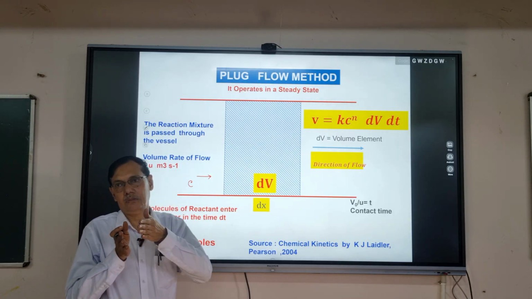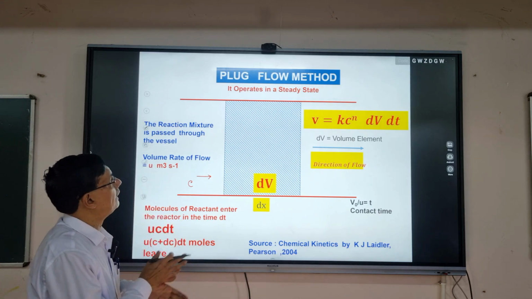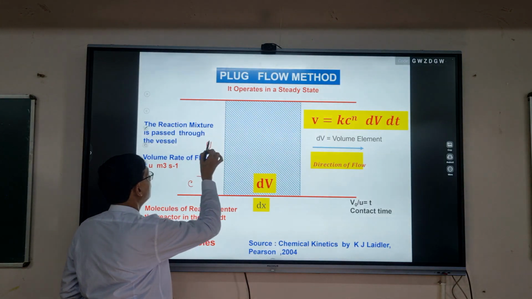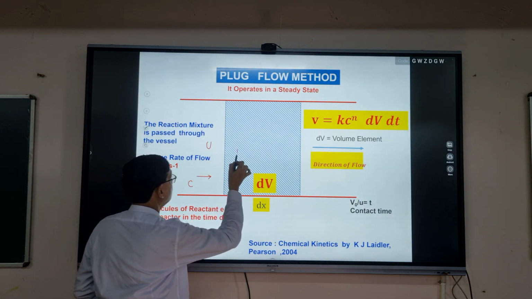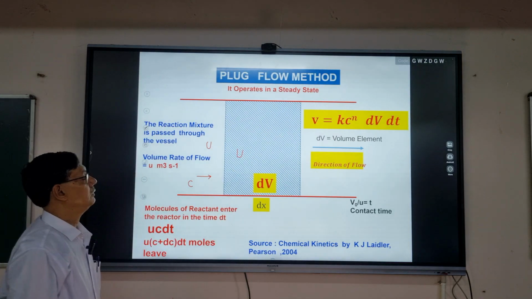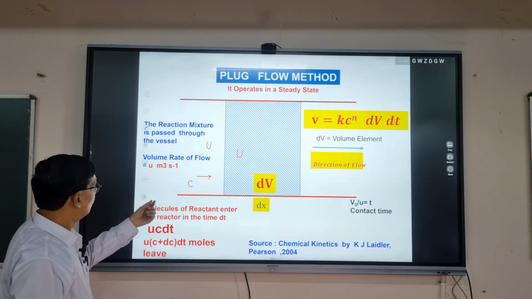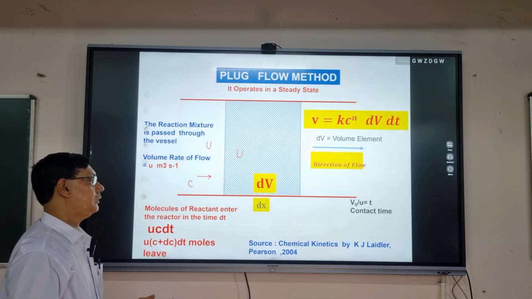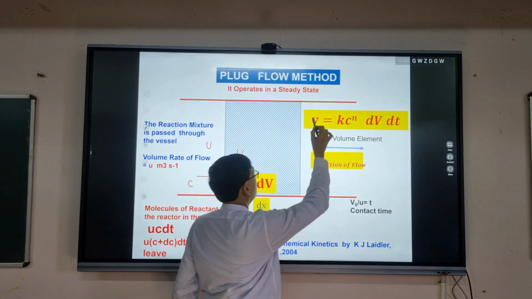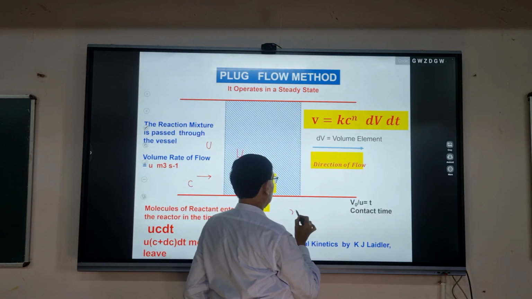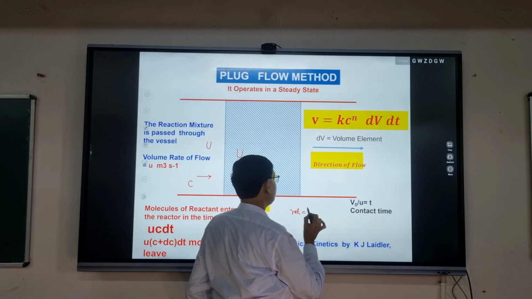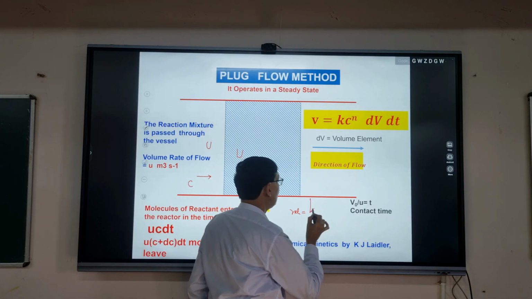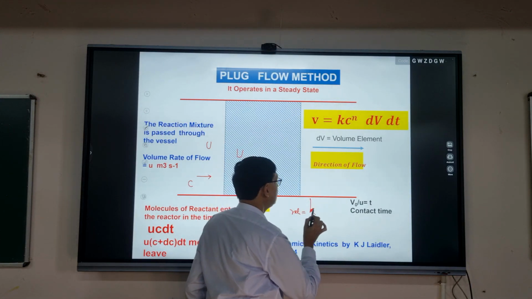Suppose the rate of flow of that volume element is U. In the normal case, the rate is directly proportional to the concentration, and there must be some constant, same as your first order.